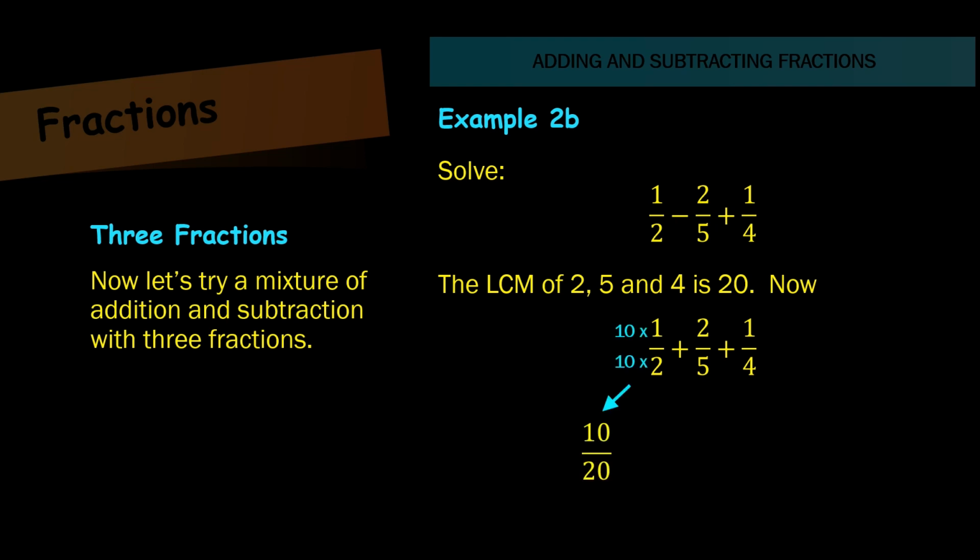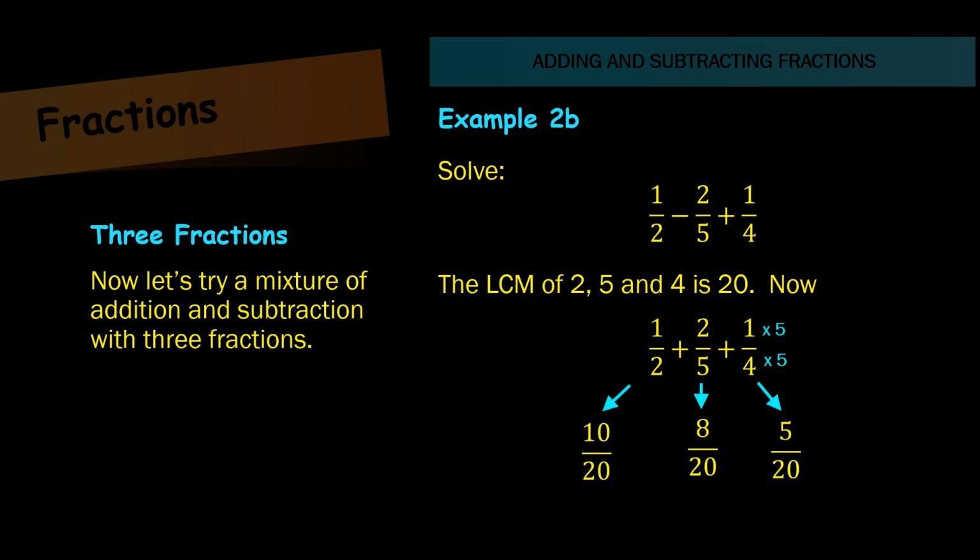Multiply the numerator and denominator of a half by the same number 10 to give a half equals 10 out of 20. Similarly, multiply the numerator and denominator of 2/5 by the same number 4 to give 2/5 equals 8 out of 20.